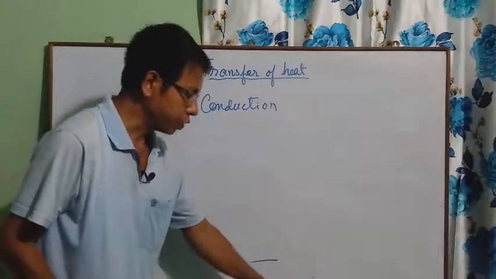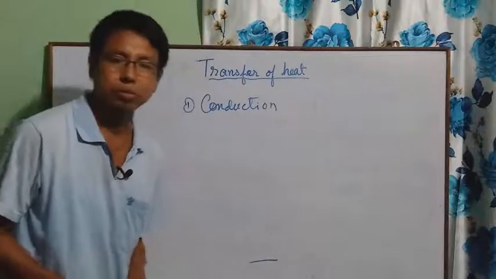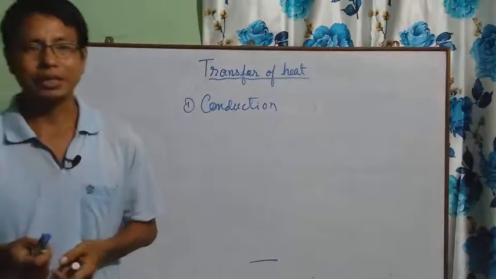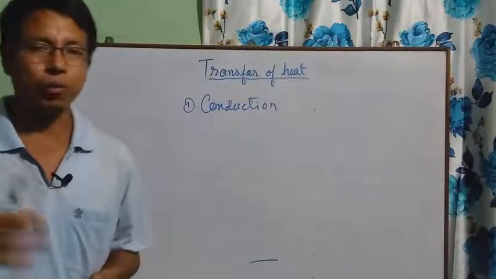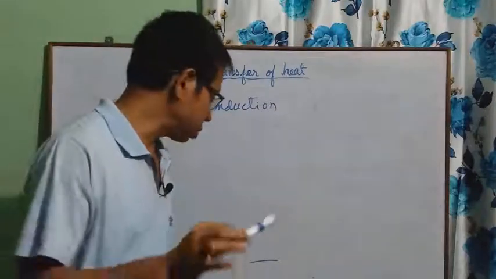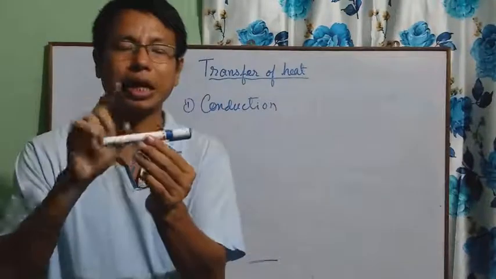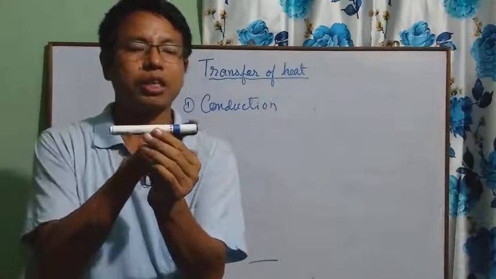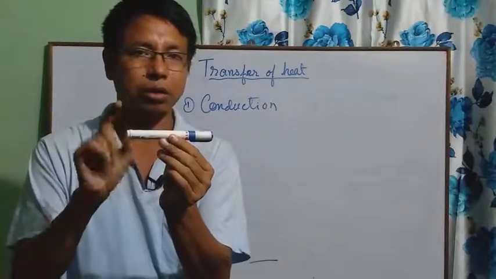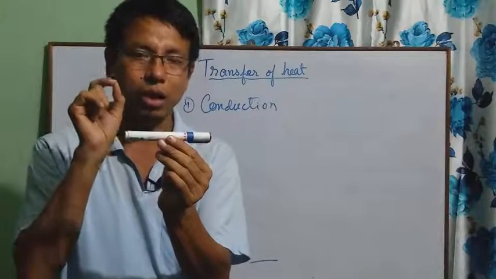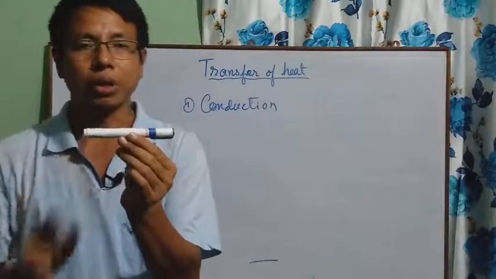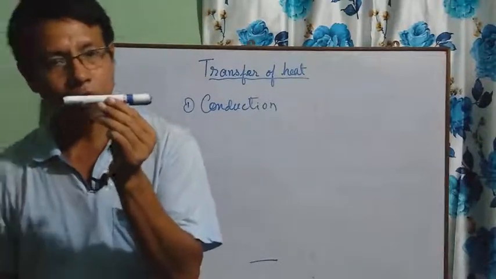There are various objects in nature. Some objects we call a good conductor, and the second type we call a bad conductor. As I told you, in that iron rod, when the heat is traveling from one end to the other end, we call it a good conductor because heat is conducted by the particles from one end to the other end. But this does not take place in all objects.